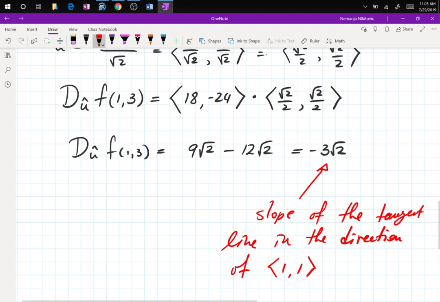In the y direction, it will be going negative 24, going really down. And in the direction 1, 1, between going really high up, which is a positive 18, and really going down at negative 24, you have a negative, whatever it was, negative 3 root 2. That's around almost 5.5 or whatever, right? It will be going negative.